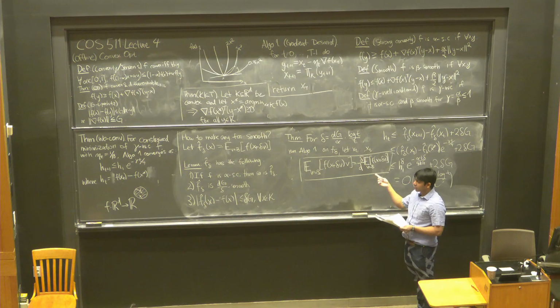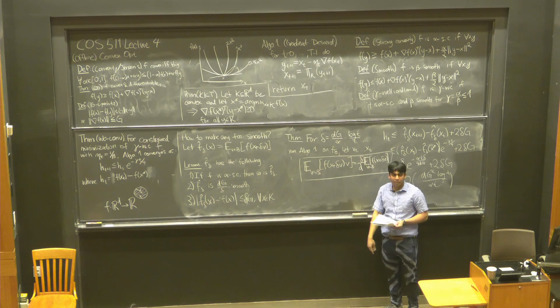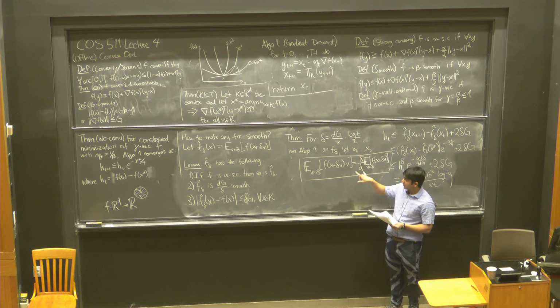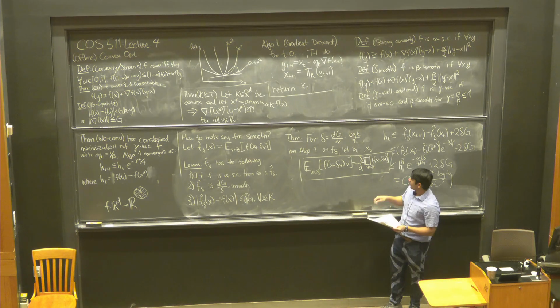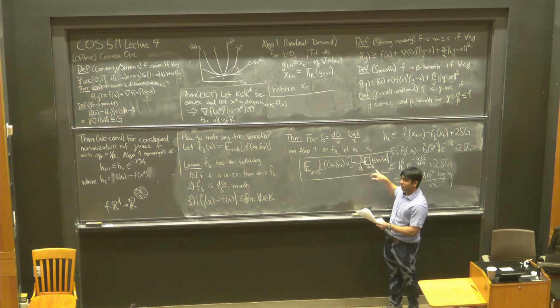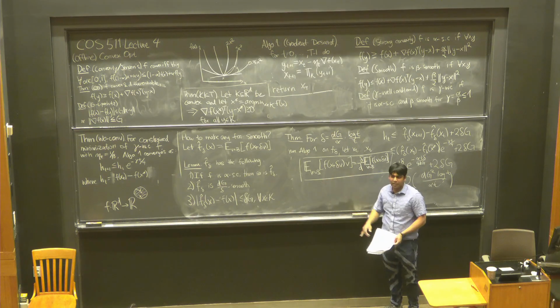And this is the first step in proving that this function is smooth. If you want to know how to derive this, it's a consequence of Stokes' theorem. So I encourage you to go home and think about why integrating over the ball and integrating over the sphere might be related.